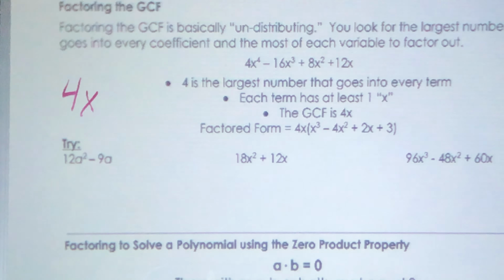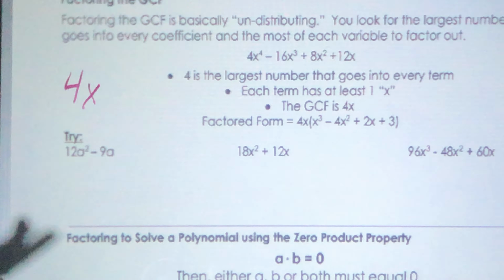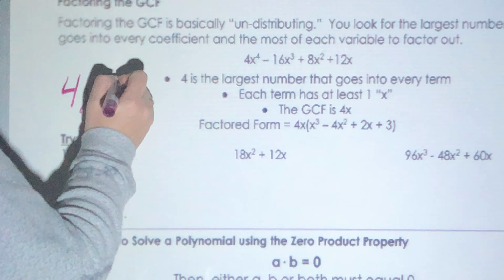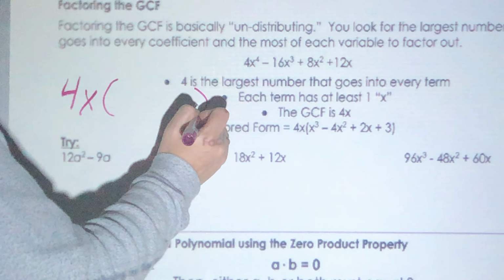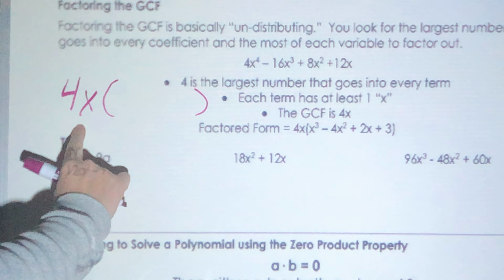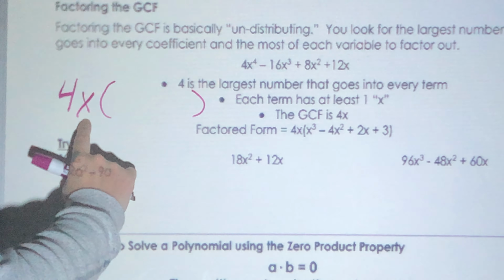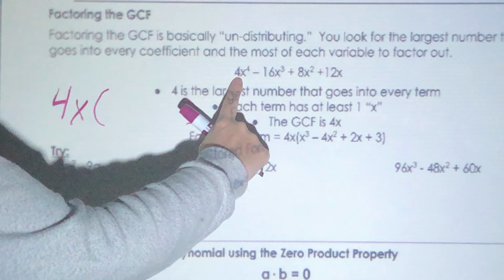But when we factor, we don't only take out the GCF, we tell someone what you need to do to get back to the original polynomial. So we're going to set up an actual multiplication problem with some parentheses. The GCF will go on the outside, and we want to list for every single term what you would have to multiply the GCF by to get back to the original term.